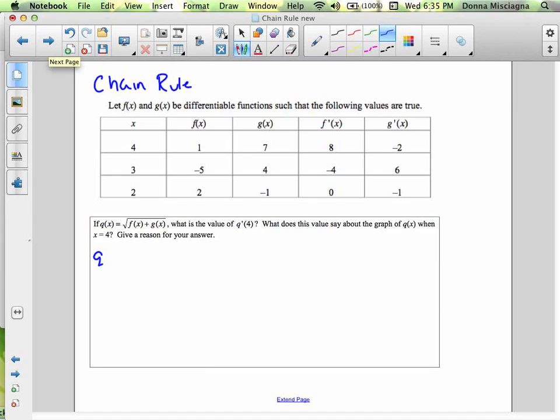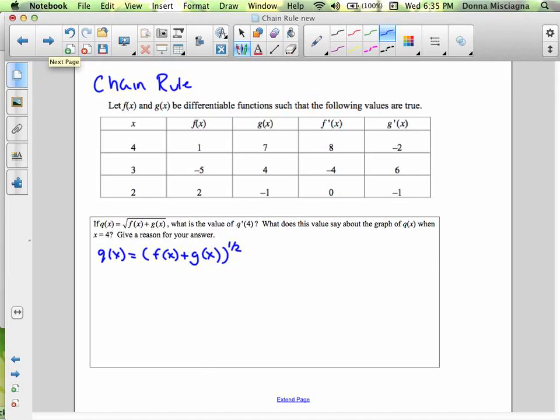Always write your rule first. Don't try to start plugging things in, because that's when you're going to make mistakes. So Q prime of x is, actually, let me rewrite the function with a rational exponent. Q of x equals f of x plus g of x to the 1/2 power.